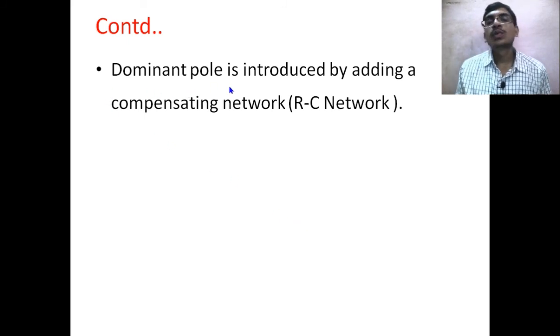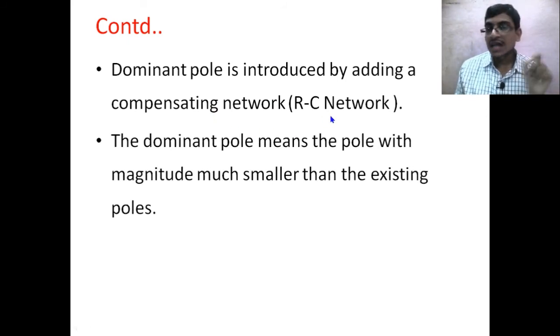The dominant pole is introduced by adding a compensating network, which is an RC network. By adding just the RC network, that is called dominant pole compensation. The dominant pole means the pole with magnitude much smaller than the existing poles.